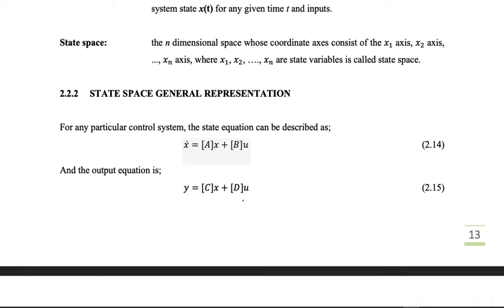The output equation depends on the state space, because as you can see here, it has the state vector x. The state vector x can be related to equation 2.14, while this C matrix is the constant or matrix that provides us information about the behavior of the output, and it pretty much depends on equation 2.14.